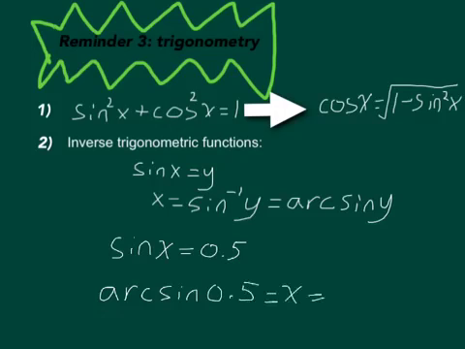Okay, and that will give me pi over 6. Yep, in your calculators, to do it, you press the shift button and then sine. That will give you arc sine. Okay, arc sine or sine minus 1. It's the same thing. Okay?